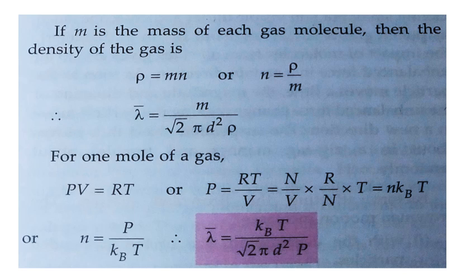You can denote it by L also. For 1 mole of a gas, PV equals RT, or P equals RT by V. Multiplying and dividing by N, you get N k_B T, or the value of n will be P upon k_B T, and therefore the mean free path will become k_B T upon root 2 pi d square P.